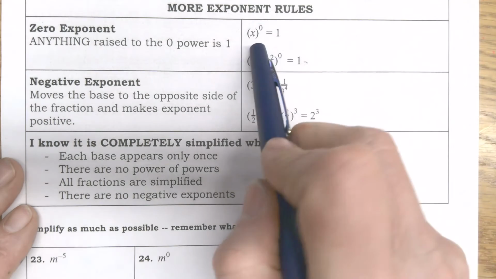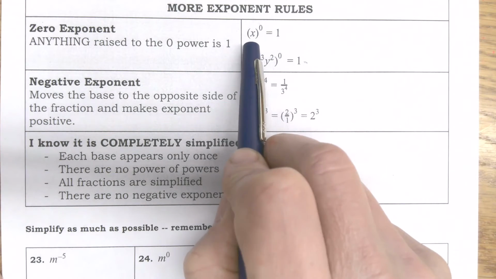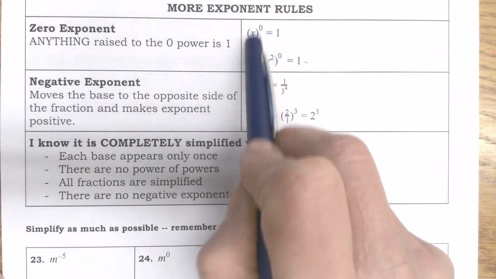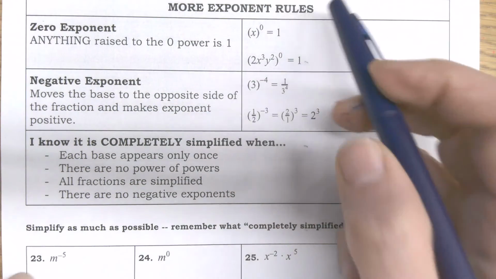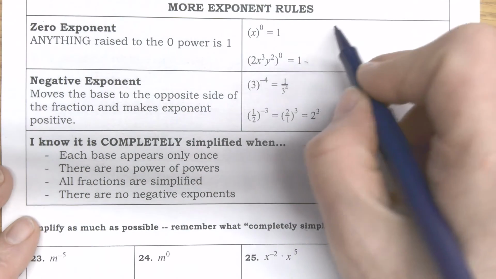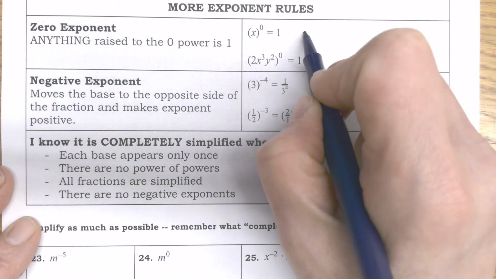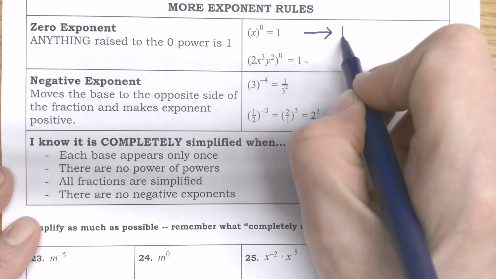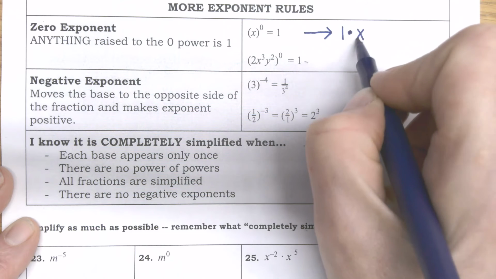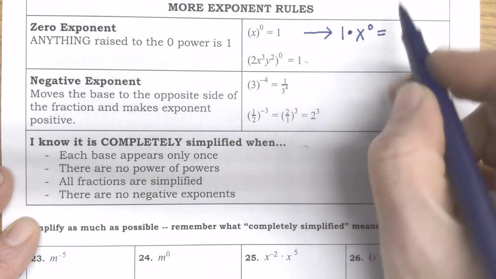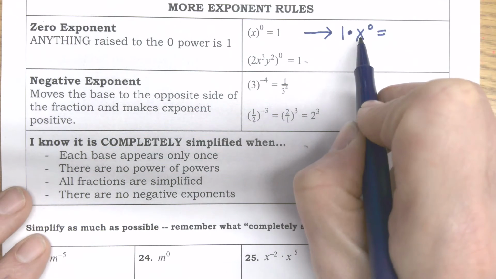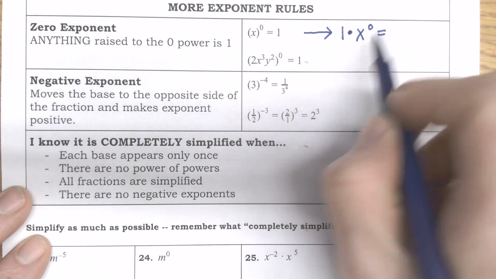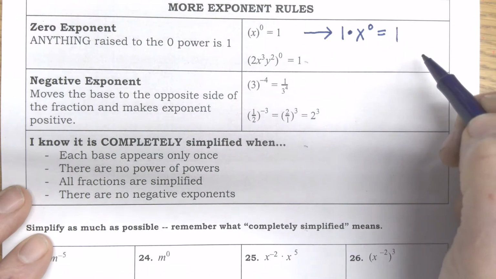So what we noticed is if I cross out everything off the top and off the bottom and I get a 0 power, that's equal to 1. And again, that's because if I think about it this way, everything has a factor of 1. So I could call this 1 times x to the 0 power. And what this means is I have 1 times no x's being multiplied. So that leaves me with 1.